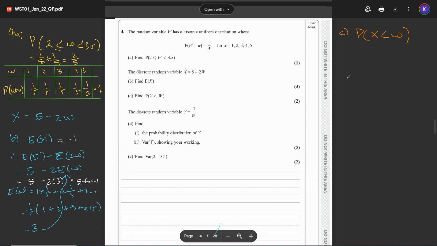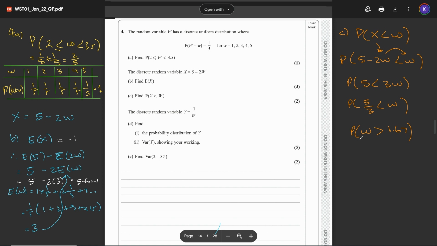So if I have to rewrite this, this is the probability of X less than W. Now we know what X is. X is 5 minus 2W is less than W. Again, just replacing it, moving this across, the probability that 5 is less than 3W, and then dividing it by 3, the probability that W is greater than 5 over 3. 5 divided by 3 is 1.67.